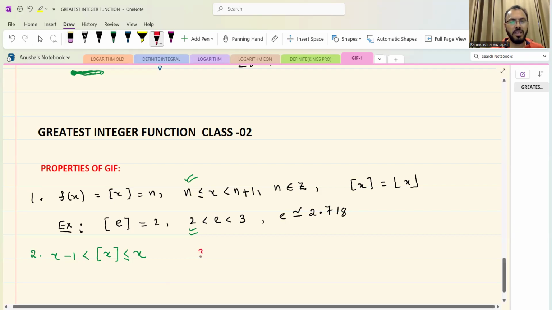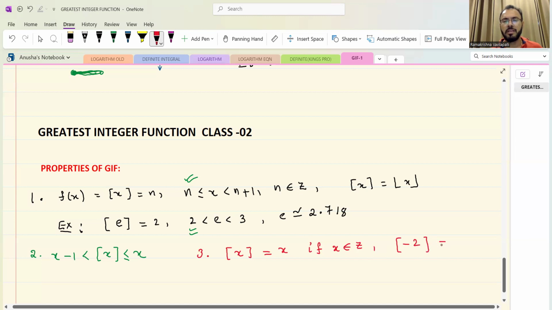So here you see that the integral part of x equals x if x is purely an integer, x belongs to Z. There is no decimal part. For example, what is the integral part of minus 2?